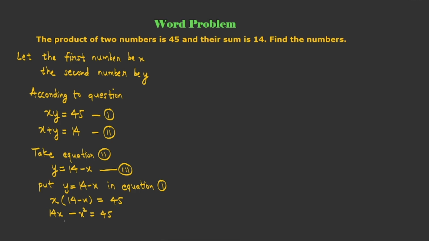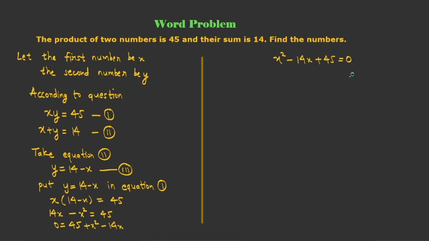And also transfer all the terms to the right hand side. So in the left hand side you will have 0 equals 45 plus x square minus 14x. So we can write it as x square minus 14x plus 45 equals 0.